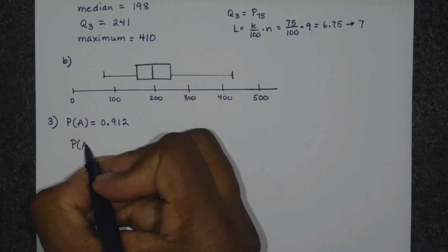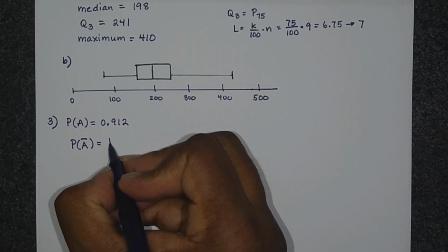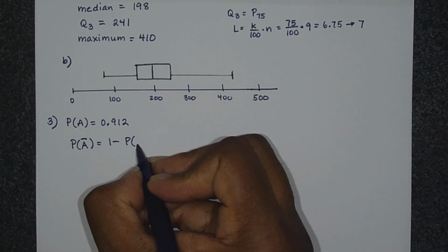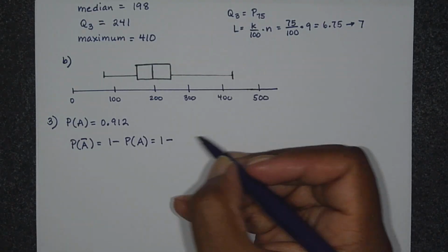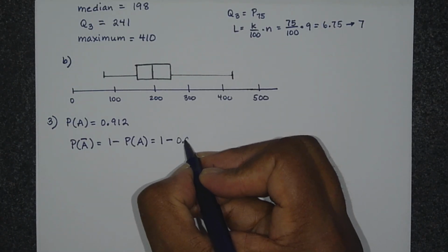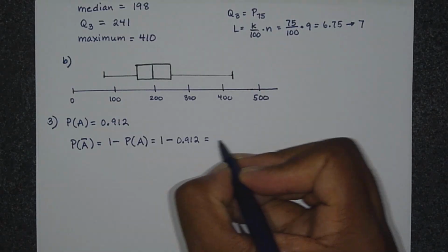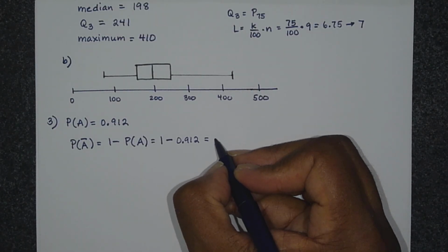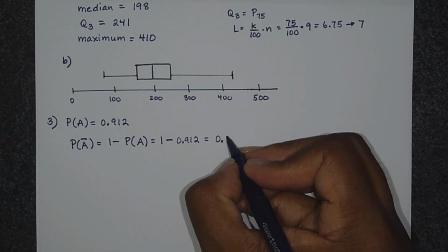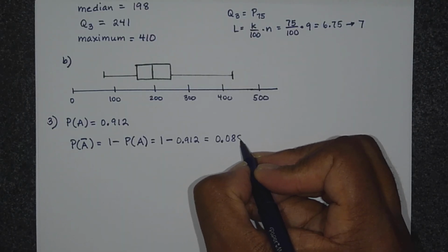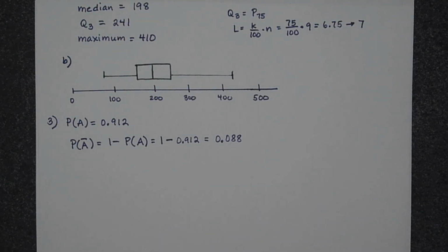So to find the probability of A complement, that's going to be 1 minus the probability of event A. So we subtract 0.912 from 1, and we'll get what? 0.088.